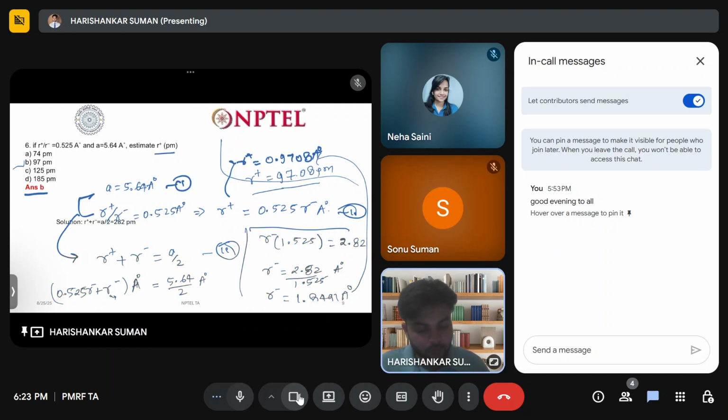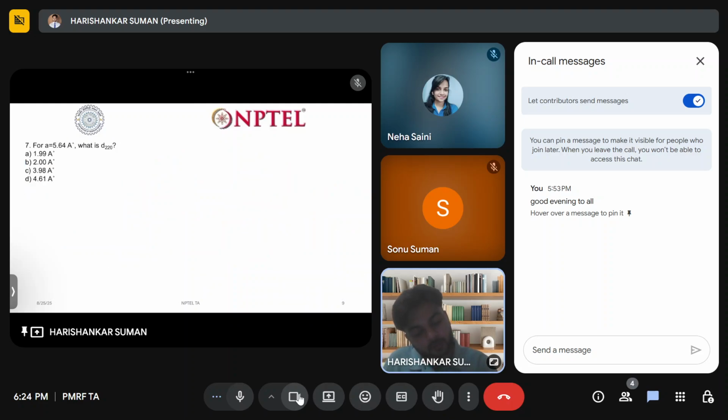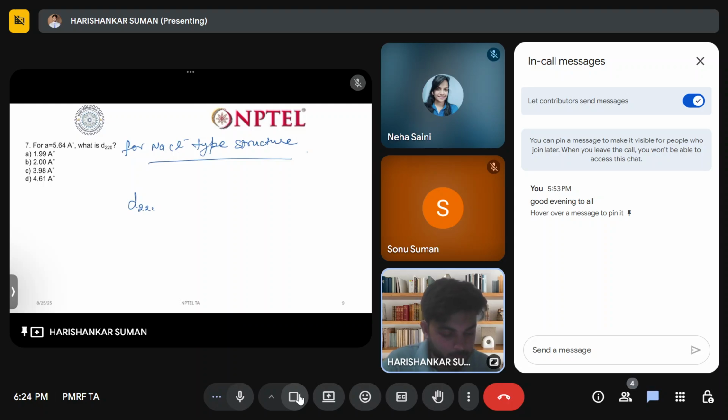Next question. a equal to 4.64 is given. What is the d for the 220 plane for NaCl type structure? This is the complete question. So we have to find out d220. What is the relation?